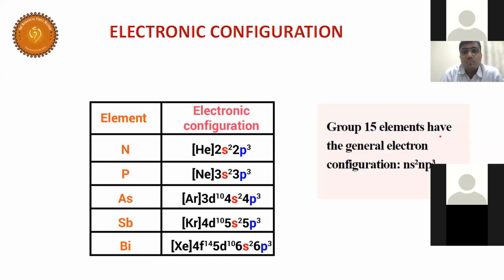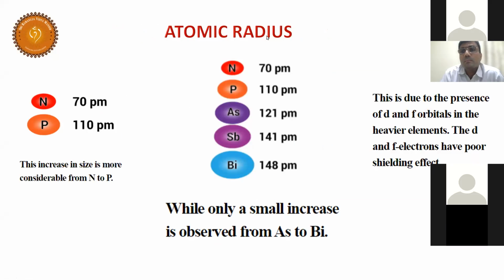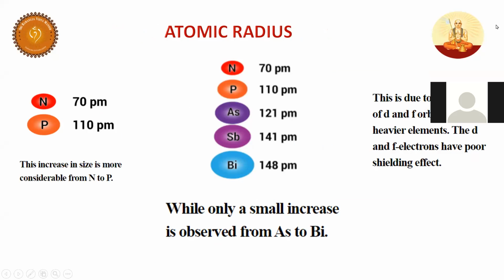Nuclear attraction on the last shell decreases. Okay, fine. Sushant? Sir, as we go down the group, electrons are added in each shell, so the distance increases. Okay, Abhijita.